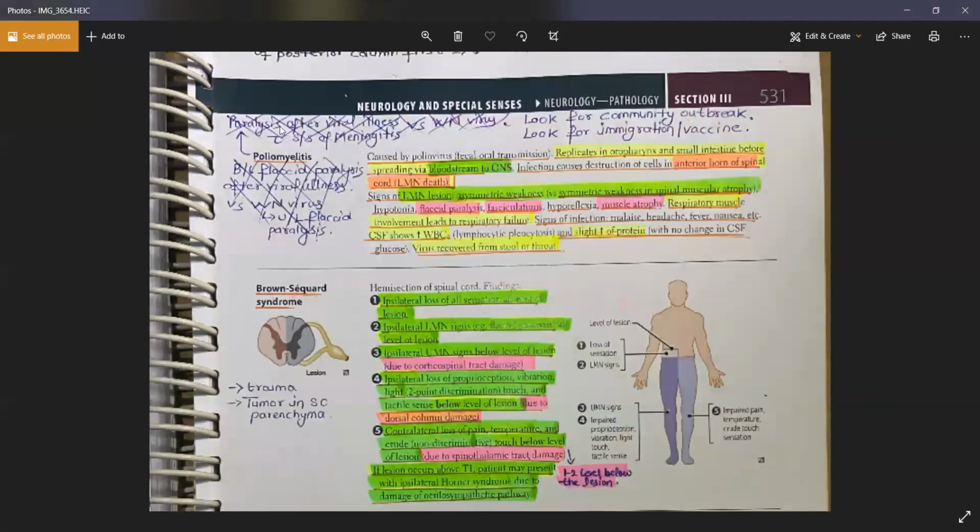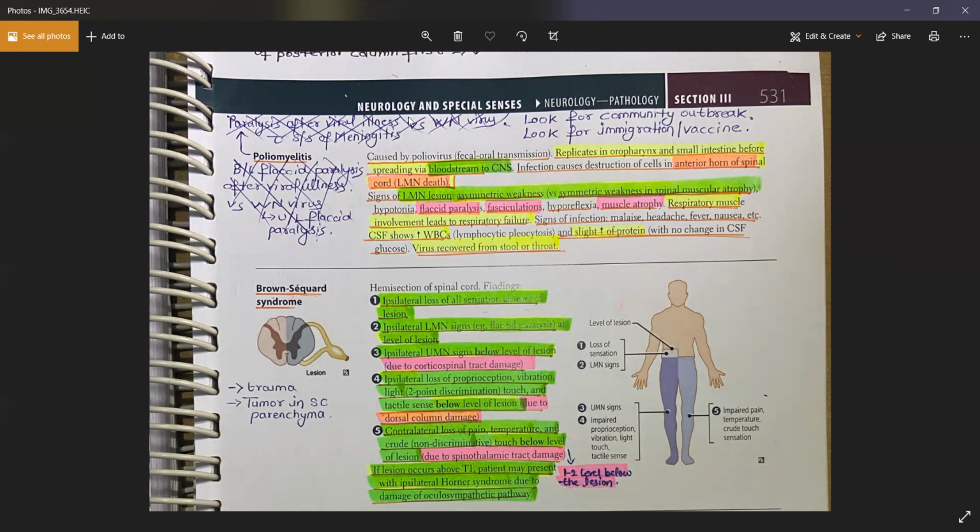Okay, now you have poliomyelitis. That happens because of the polio virus. And what kind of a virus is it? RNA virus. What family does it belong to? The picornavirus family. Do remember that.